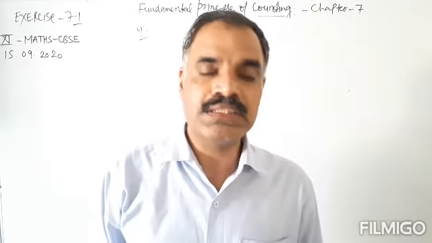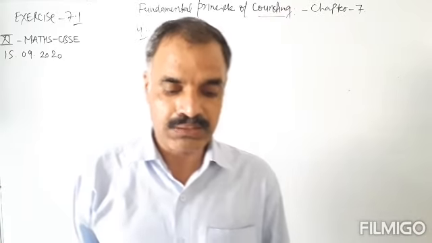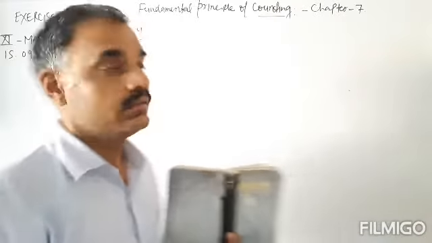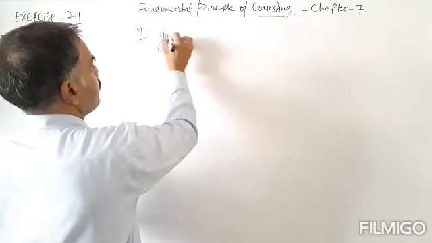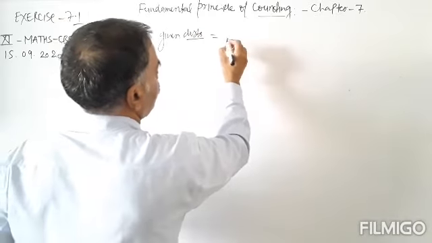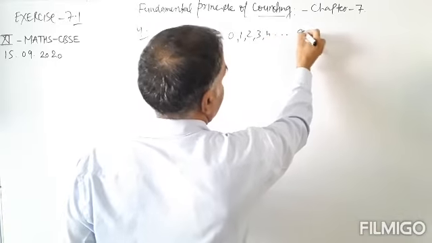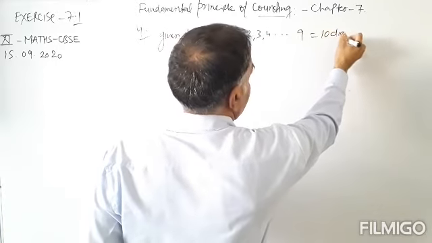How many 5-digit telephone numbers can be constructed using the digits 0 to 9? The given digits are 0, 1, 2, 3, 4 up to 9, that is 10 digits are given.